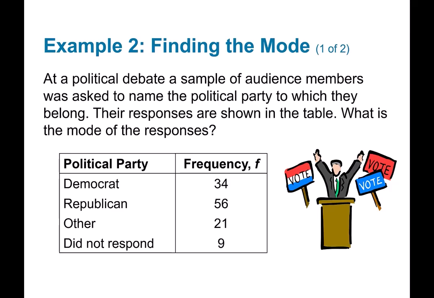What is the mode of these responses? So if we look, we've got the Democrats, the Republicans, other, and did not respond, and we have their frequencies. So we're just looking for the one with the highest frequency. In this case, Republicans with 56 were the largest frequency. So that is our mode.